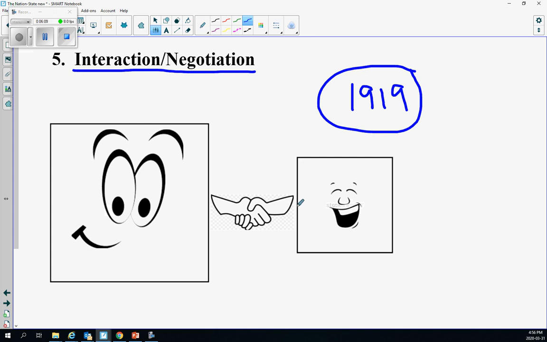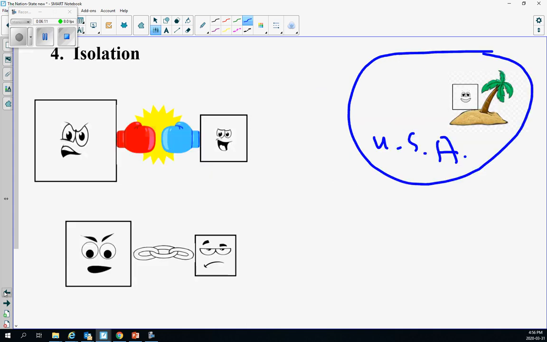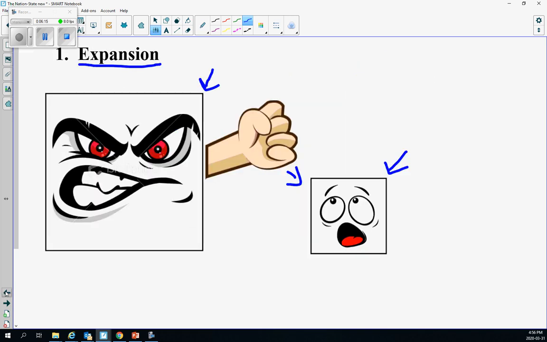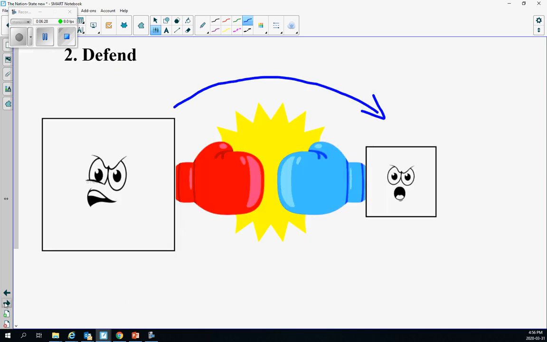By the way, when nations choose negotiation or isolation, alliance, defense, or even expansionism, those actions are what are known as a foreign policy. They make up a nation state's foreign policy. So Canada's foreign policy isn't based very much, if at all, on expansionism.